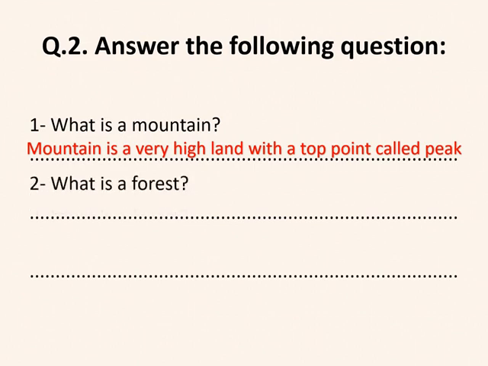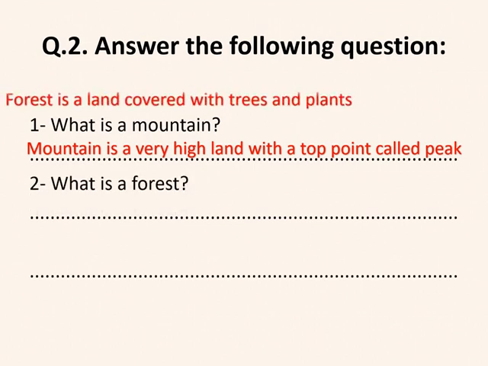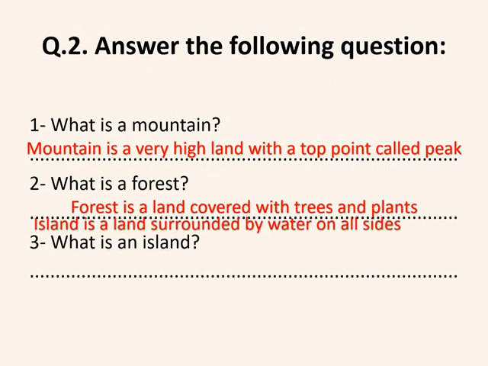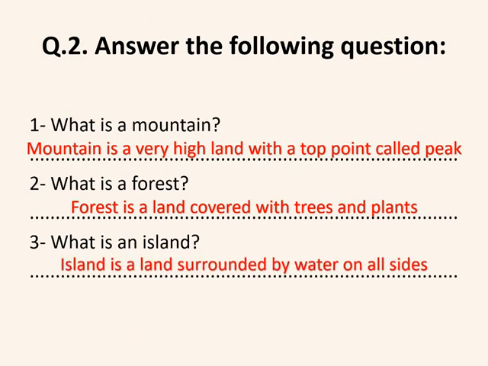What is a forest? A forest is a land covered with trees and plants. What is an island? An island is a land surrounded by water on all sides, completely surrounded by water.